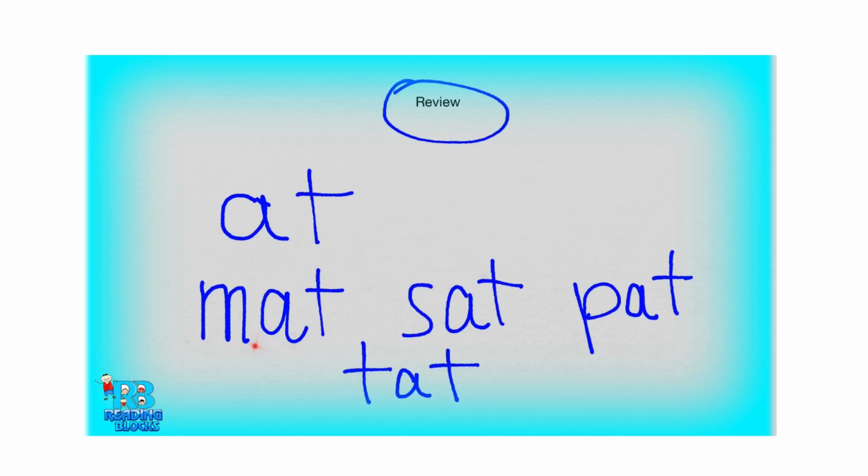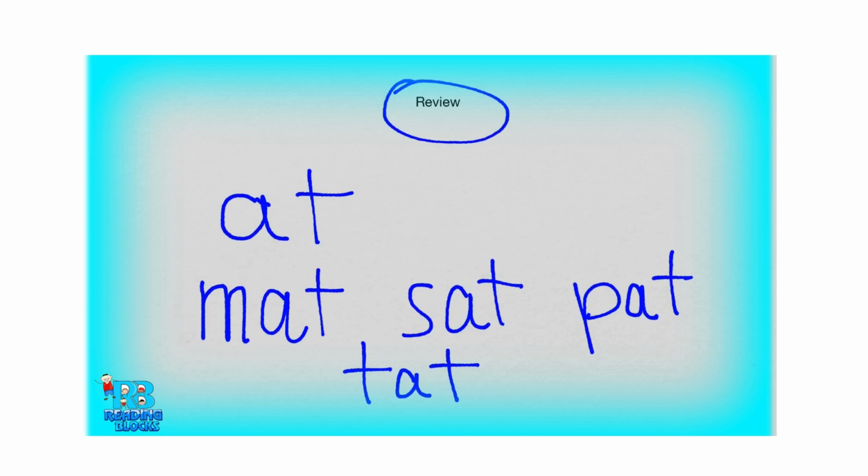At, mat. Very good. Sat, sat. At, pat. And at, cat. Excellent. So with at, we made the words mat, sat, pat, and cat.